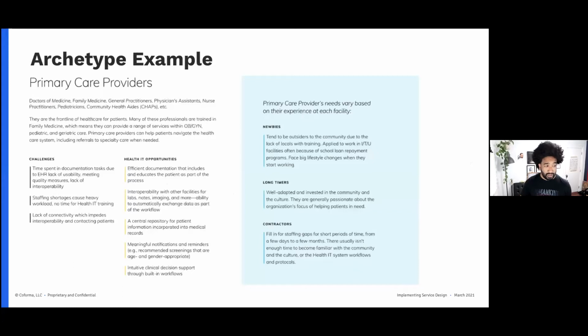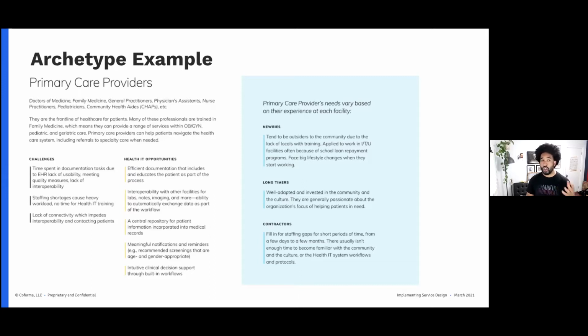This is in the case of the primary care providers. This is how we were defining the archetype and how we were laying it out in order to present the proper information for the laying out of the services that supported primary care providers. So there were their needs, which are challenges, the opportunities that they had or that the system was going to enable them to have. But most importantly, the fact that different archetypes within this ecosystem appear at different moments.